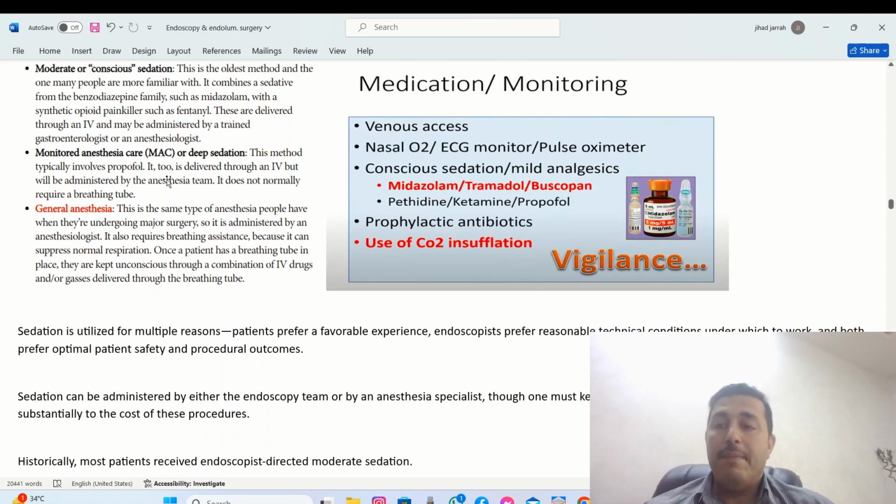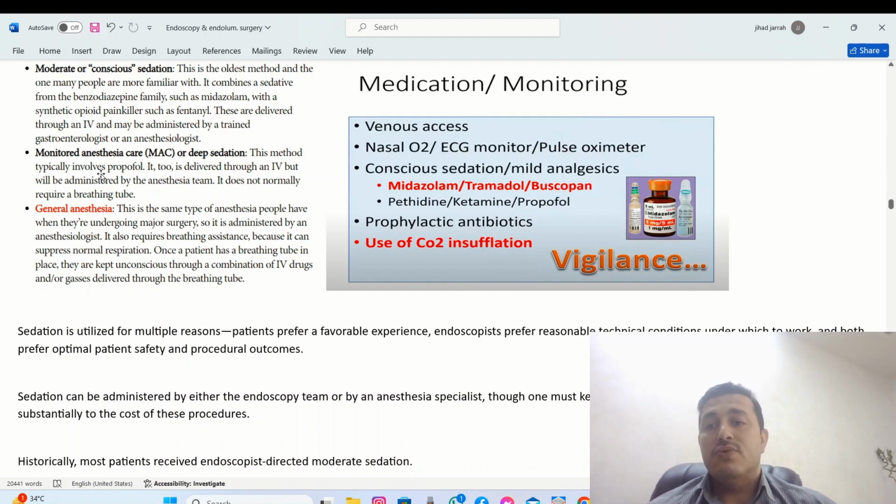If we move up in the anesthesia level, we are talking about deep sedation or monitored anesthesia care. Here we start to talk about propofol, and many ask whether we need the anesthesiologist to be with us while performing the colonoscopy or not. It's preferable, we will see in the next few minutes.